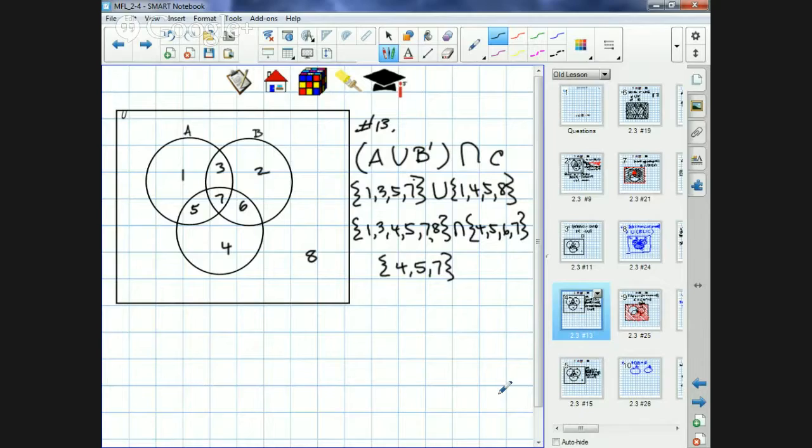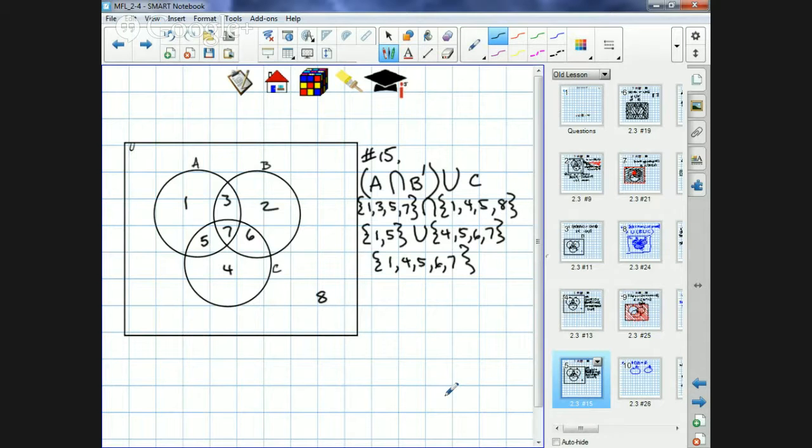That intersects with 4, 5, 6, 7, and then the answer is 4, 5, 7, and that's where everything intersects. 4, 5, and 7. Okay, that makes sense now. Final result. Yep.